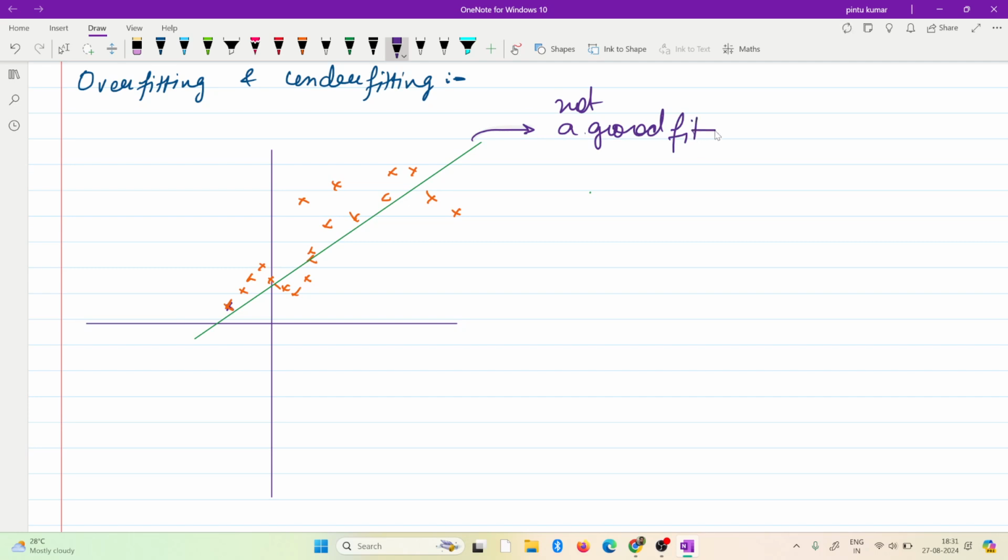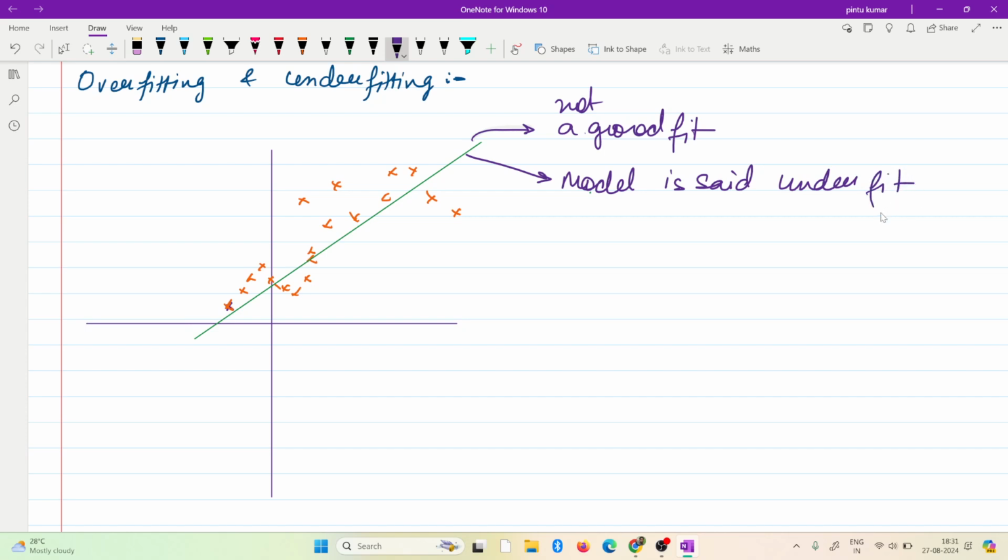So what do I mean? If we just take our linear features, we are not getting a good fit for the data. So we model our setup using a linear function, and this kind of model is said to underfit.